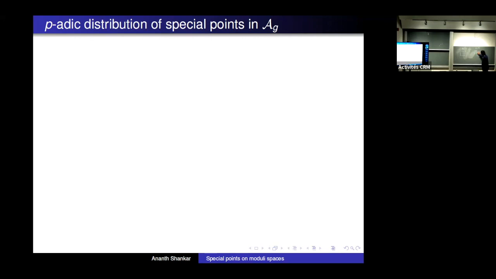So here is something that looks like an open unit disk. Take any point mod P and look at the locus of all points over Q_P-bar that reduce to this point mod P. This should be thought of as an open unit disk.